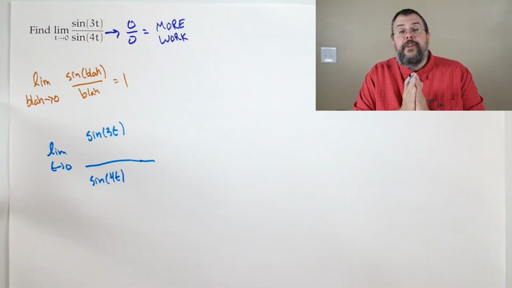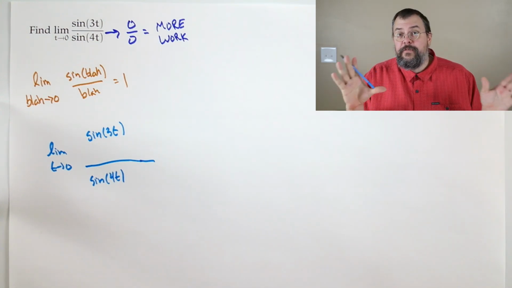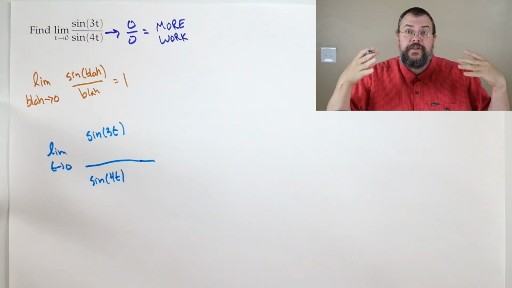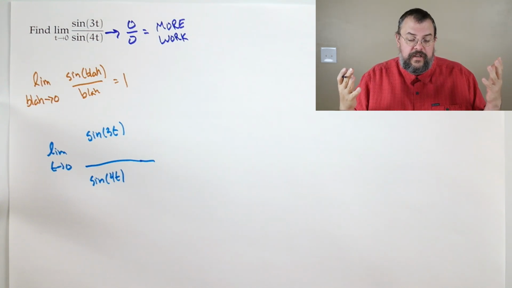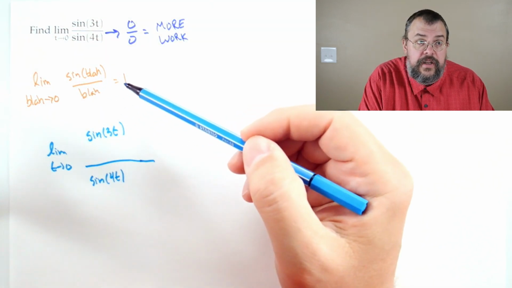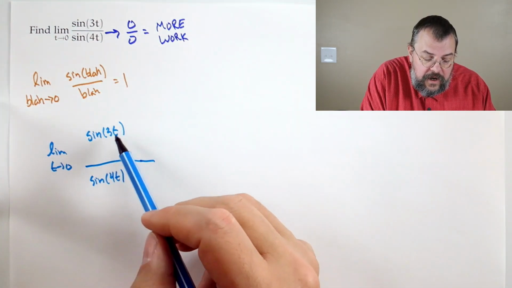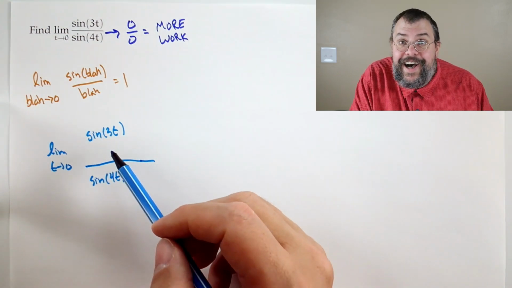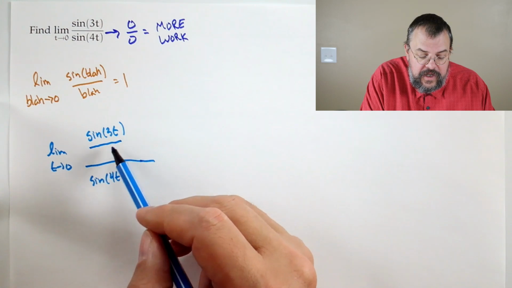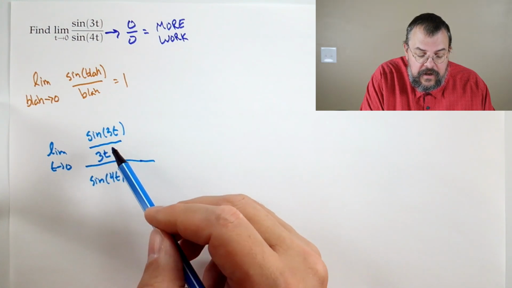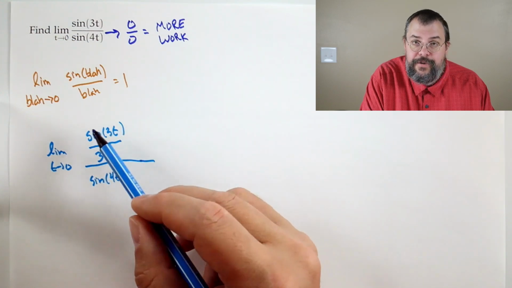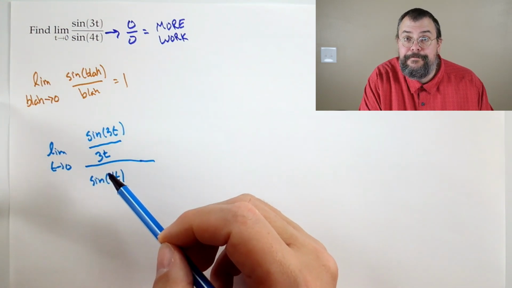Now, the thing is, it's a lot easier for us to manipulate algebra, so we want to rewrite this in a way that helps us get to a point where it's something we can work with algebraically. I know sine of blah over blah goes to 1. So I say to myself, well, right now, the blah, the inside, is 3t. If I could put a 3t here, then I've got my sine blah over blah. That part would go to 1, and life would be good.